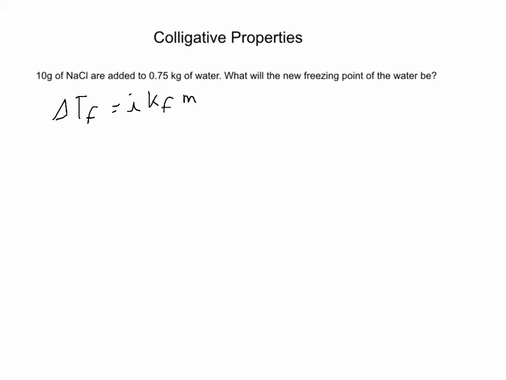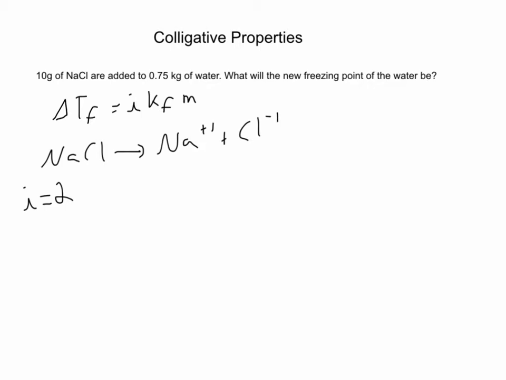So let's plug in what we know. Well, sodium chloride, when placed in water, splits into one sodium ion plus one chloride ion, which gives its i value to be 2. It breaks into 2 particles.